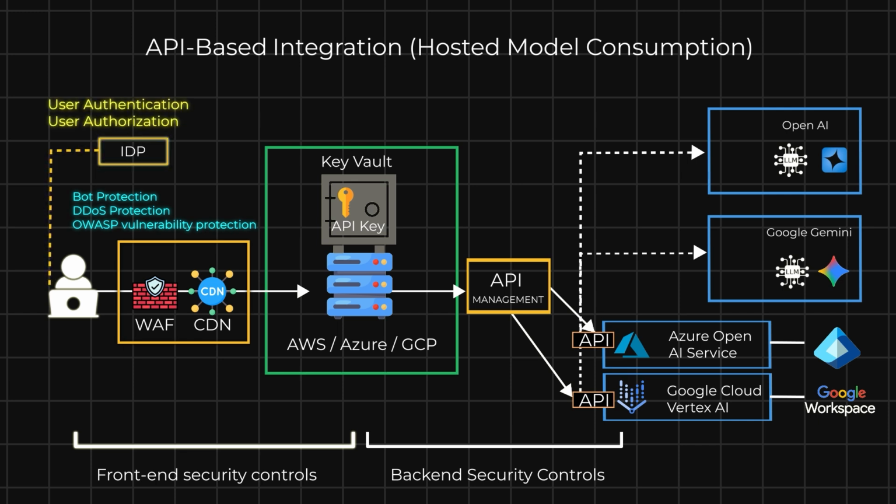Backend integrations are governed by an API management platform, enforcing rate limits, schema validation, and traffic inspection. Access to AI services is controlled through strong identity mechanisms, ranging from tightly scoped API keys or OAuth 2 and cloud native identity and access management mechanisms, supported by quotas, monitoring and logging.